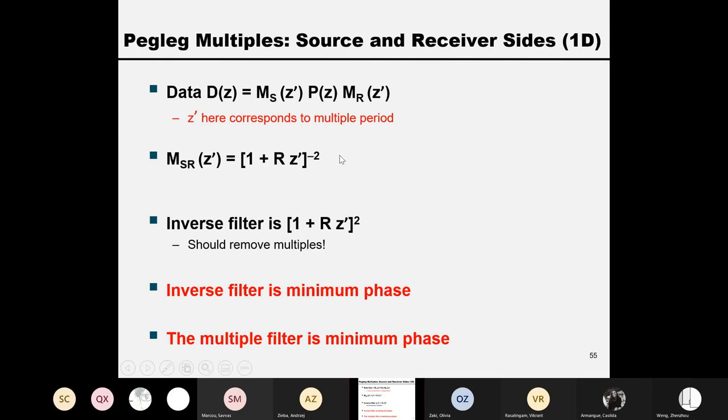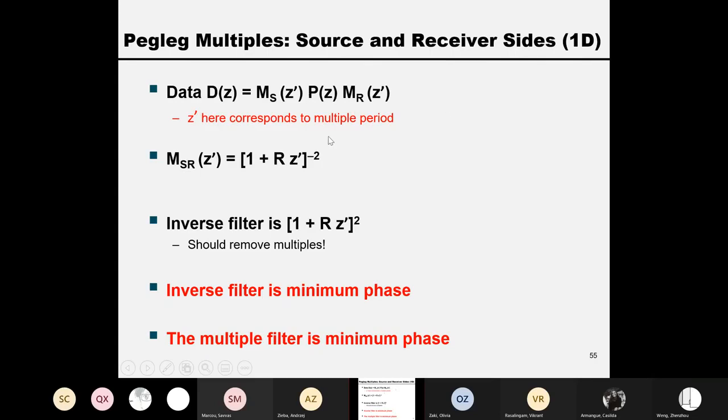The inverse filter is the denominator, simply 1 plus rz prime squared. Apply this to your data, you cancel the multiple filter in the source side, you cancel the multiple filter in the receiver side, right?